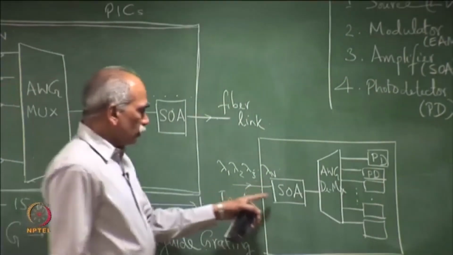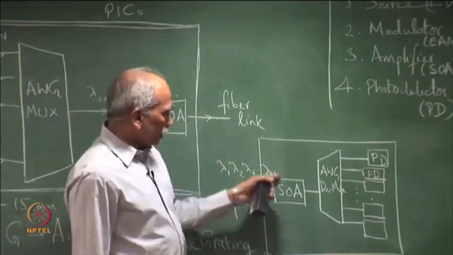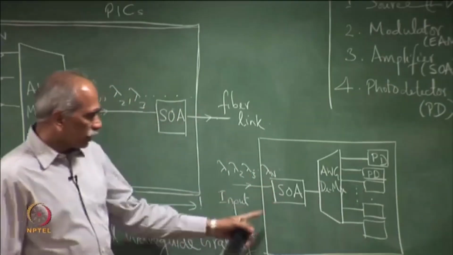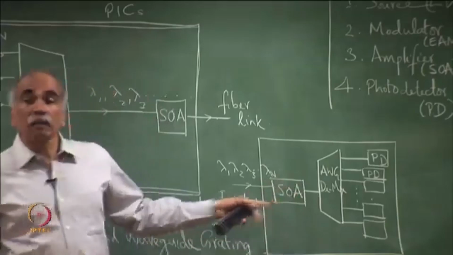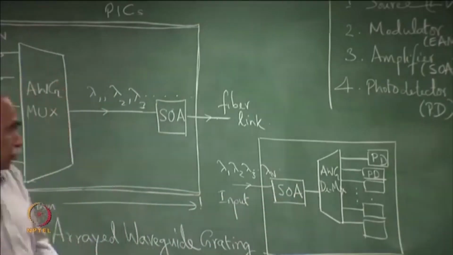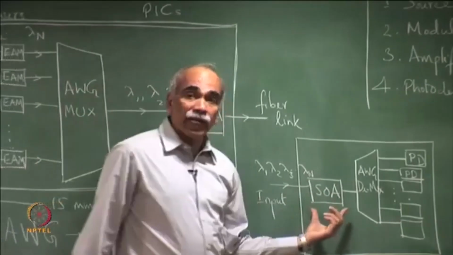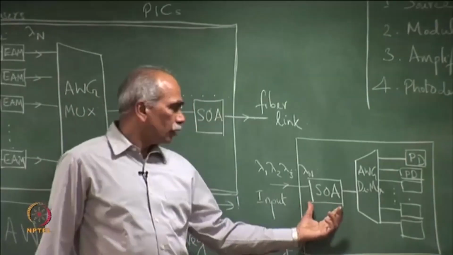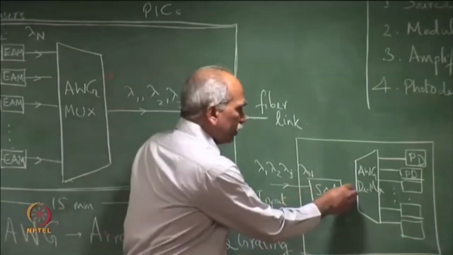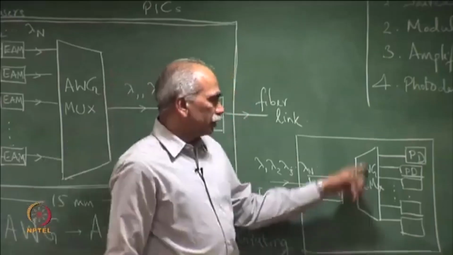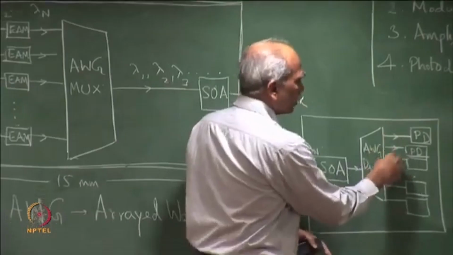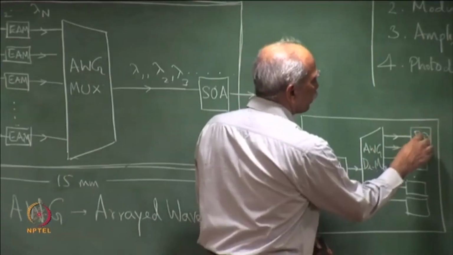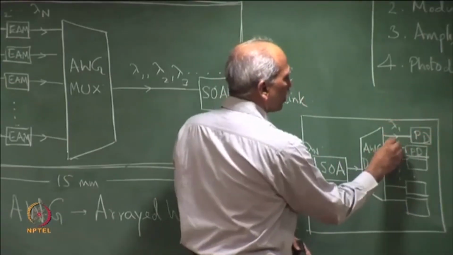So, the input containing all the wavelengths is amplified by an appropriately chosen SOA. There may be gain flattening filters associated with this, so that there is a flat gain band, which is followed by a demux, AWG demux, and the different wavelengths are then sent to high speed photodetectors, lambda 1, lambda 2.